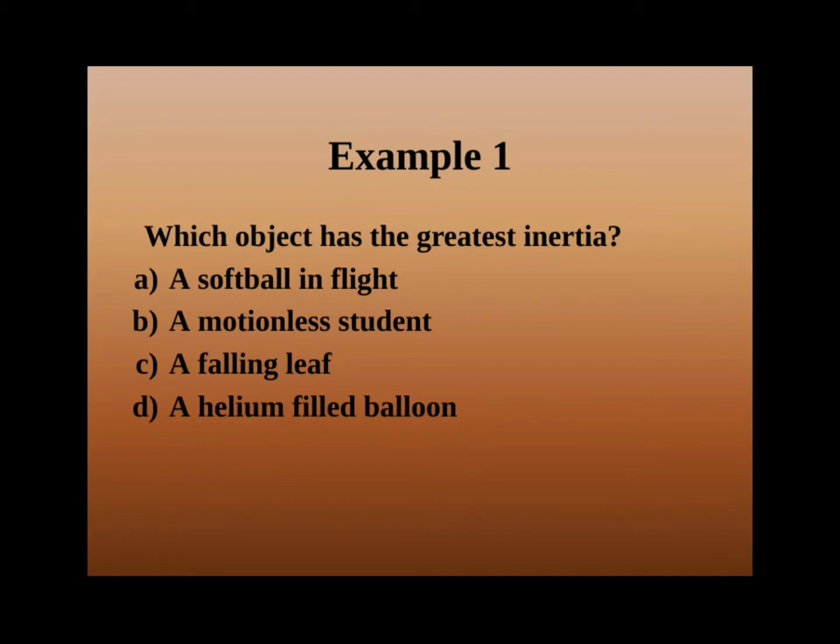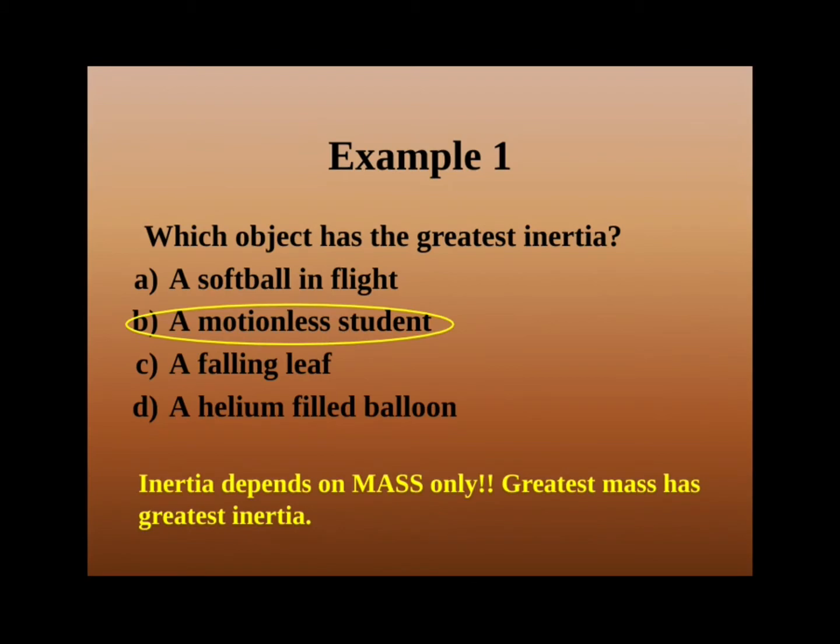We have a softball in flight, a motionless student, a falling leaf, and a helium-filled balloon. The one with the most mass is going to have the most inertia, and that is going to be the motionless student. This only depends on mass. The greatest mass has the greatest inertia. It's as simple as that.